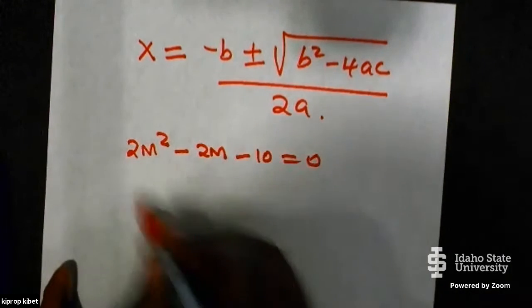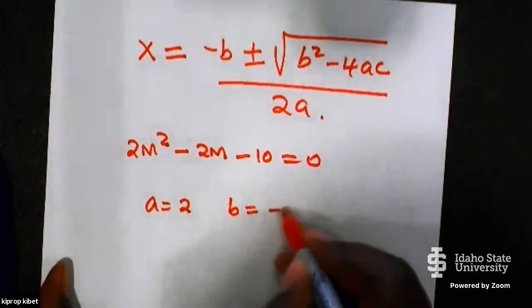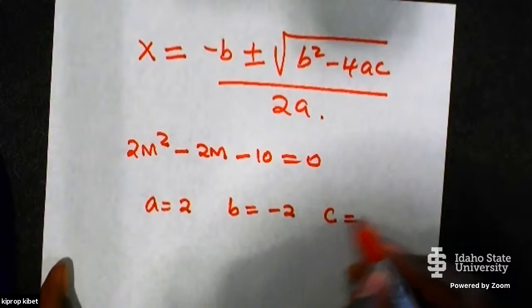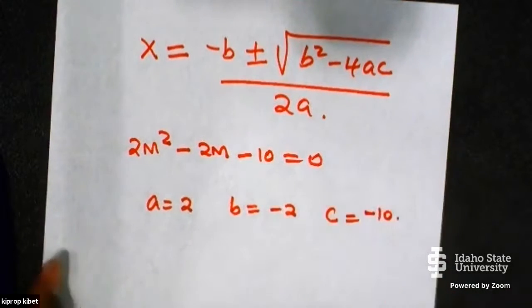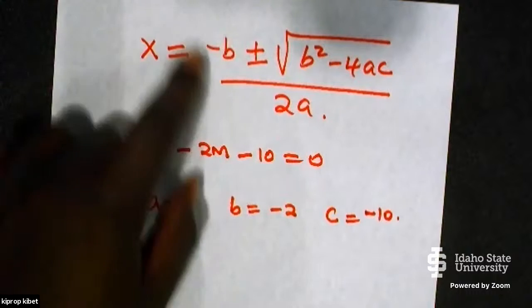So our a equals 2, our b equals minus 2, and our c equals minus 10. We substitute these values into the formula.